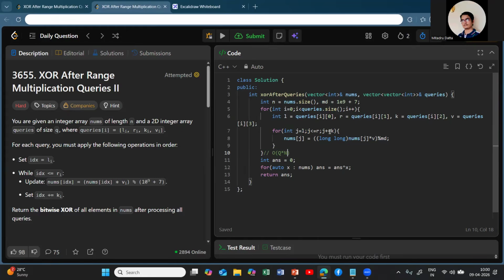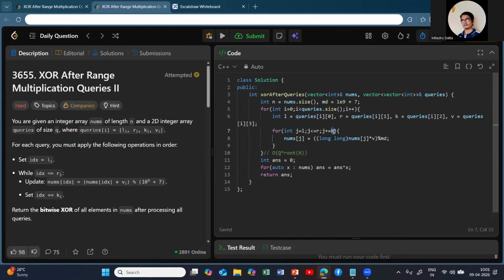Because if k is 1, you will have a loop of n over here. Now, if k is root n, you are jumping steps of root n, and the total number of steps would also be less than or equal to root n. So the worst case time complexity will be root n in this case, not n.